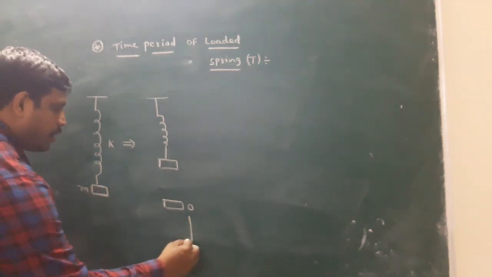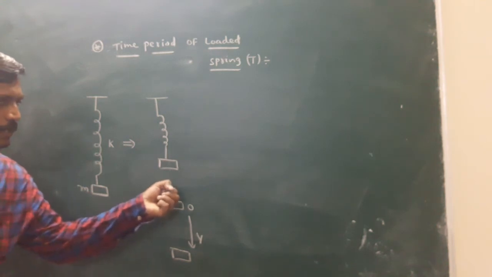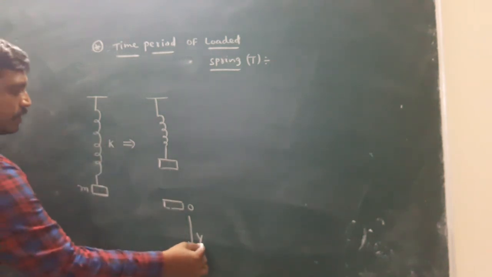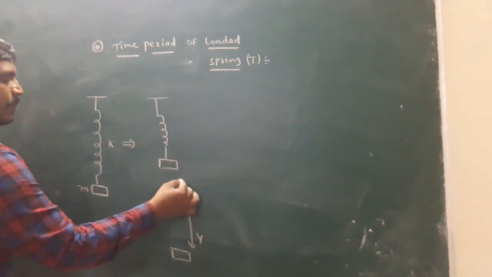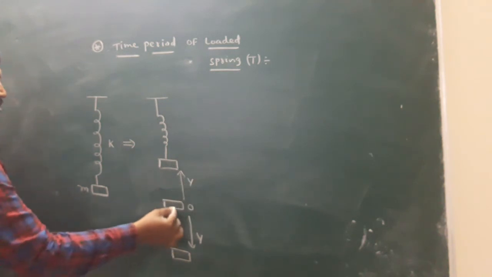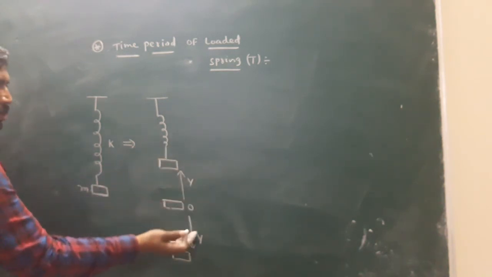Again I repeat: this pendulum is pulled down a little distance y and left free. What happens? It will oscillate about a mean position.